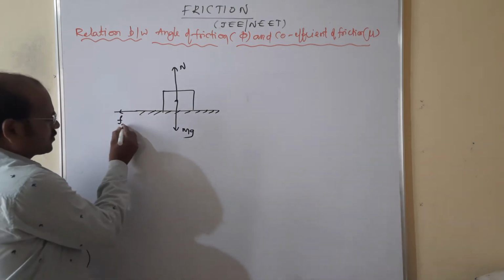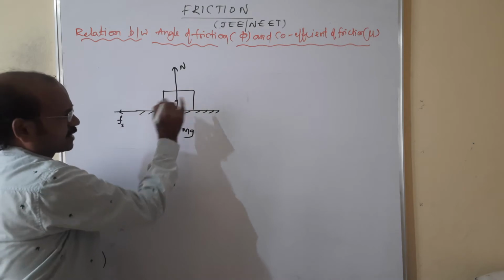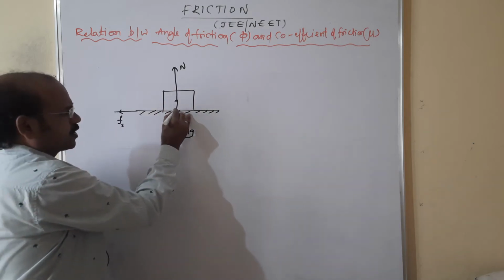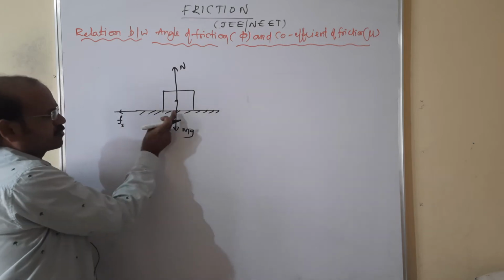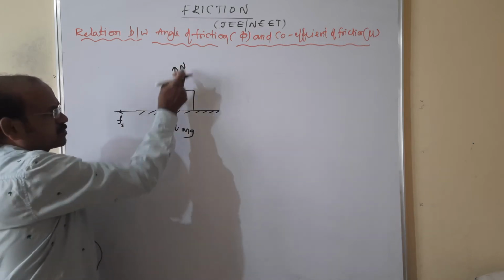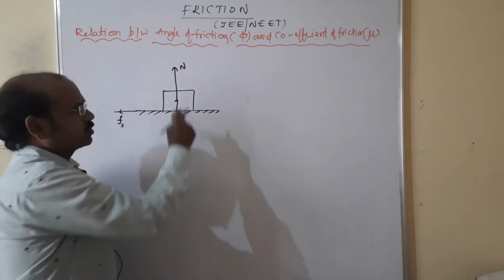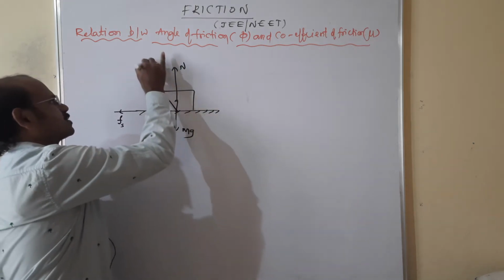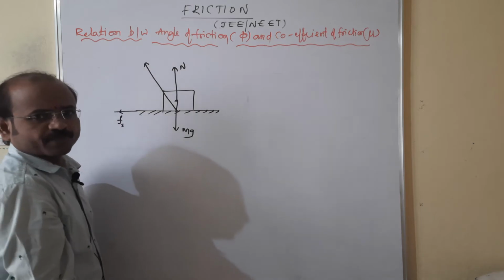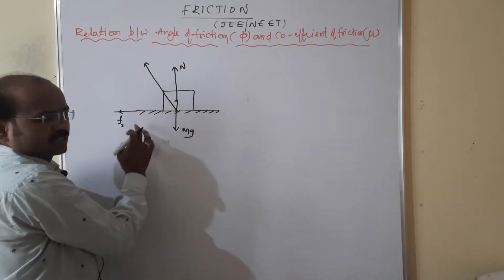Now the friction and the normal are acting at one point. We can say there is a common point for both normal and frictional force, that is the contact. Both are in contact, so the resultant is represented like this, because these two forces are perpendicular.